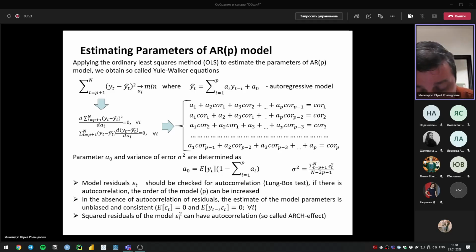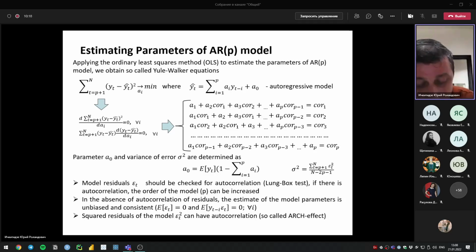But this rule can be avoided if you are interested in the simplest model and, by and large, in tolerable, more or less correct forecasting. In this case, for these purposes, sometimes you can leave the residuals of the model autocorrelated.